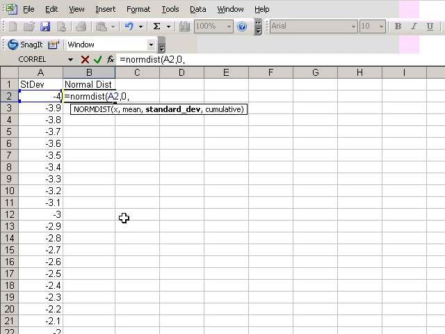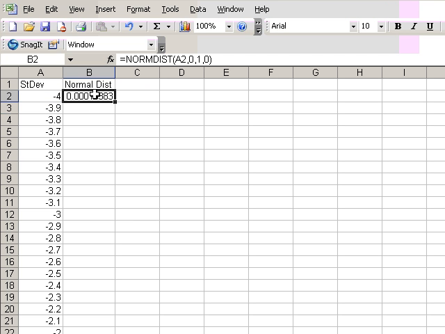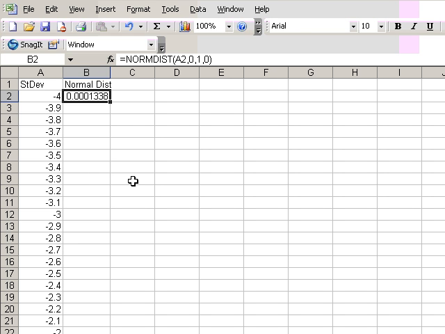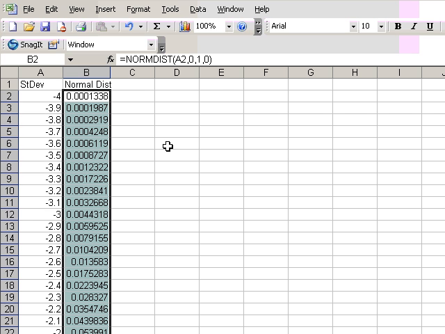The standard deviation value we're using is 1, and this is not a cumulative distribution, so we'll put a 0 here. And when we hit enter, we get this first value, which is the value of the normal distribution at -4, and I will click it all the way down.